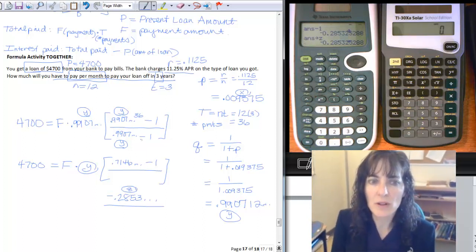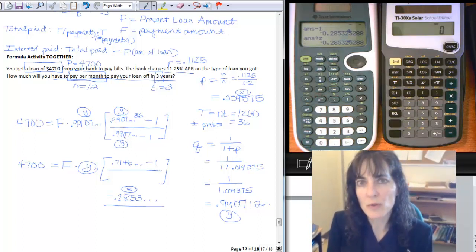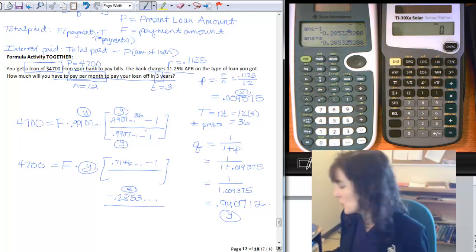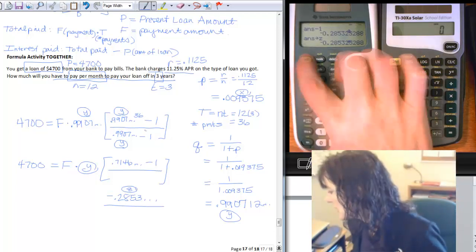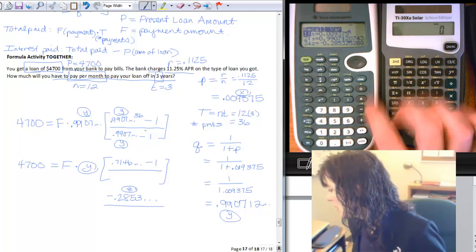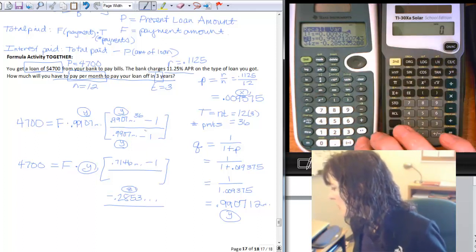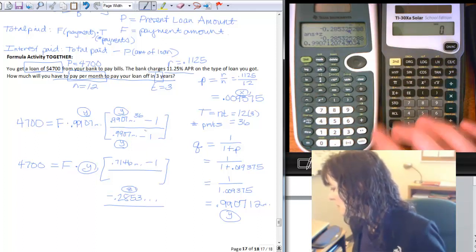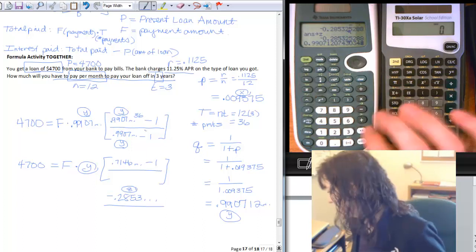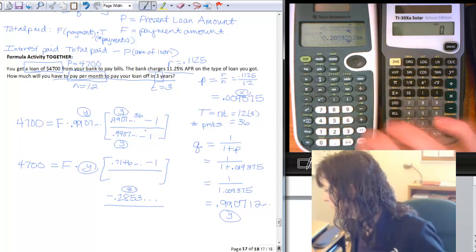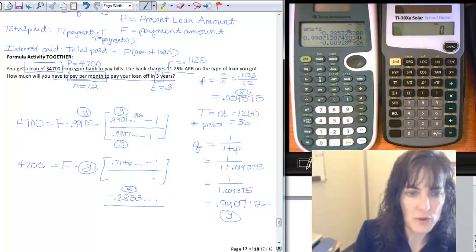Going back, I want to look at that denominator. So remember, whatever was in Y, I have to just subtract 1. So I'm going to recall. So second, store, and I want the Y value. And that one I have to just subtract 1. And that's coming to a negative number as well.